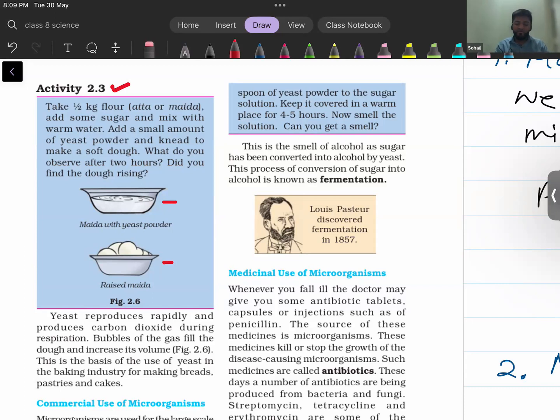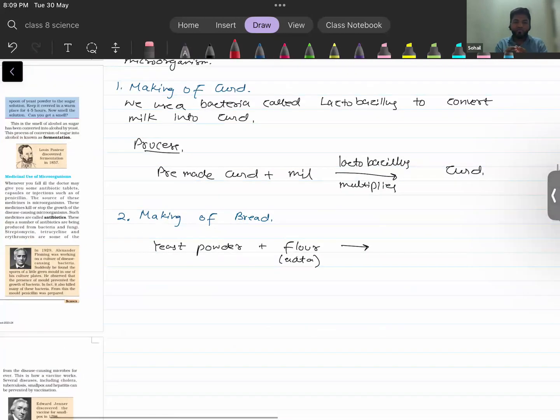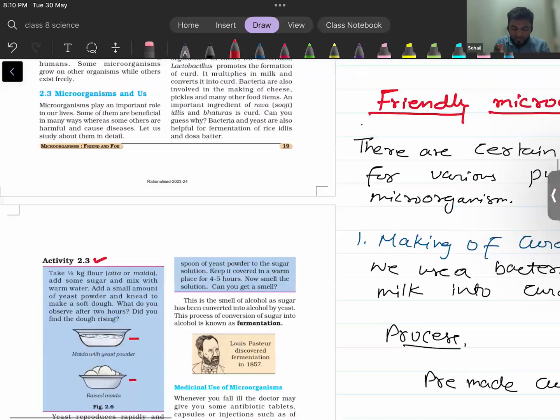So what has happened here actually? The yeast requires a medium to reproduce. The yeast present in the powder, which has been added to the atta, requires nutrition to grow further. If you read the activity carefully, what has been added here?